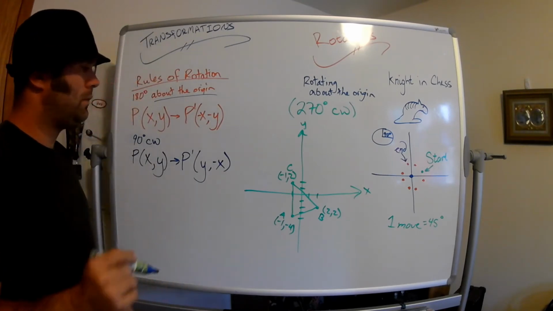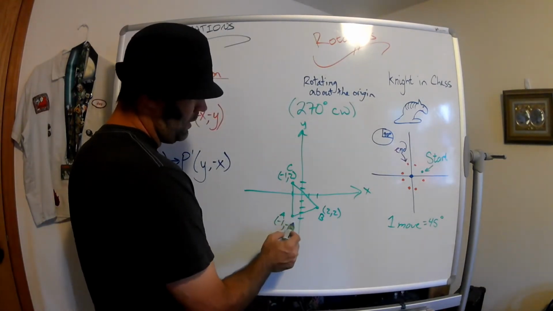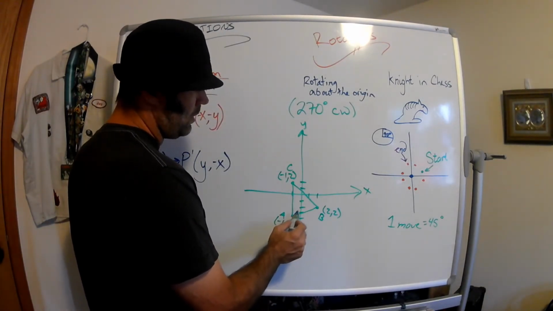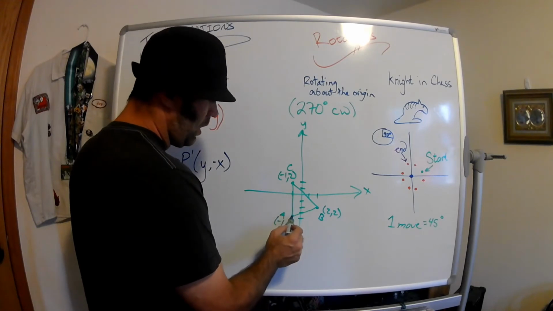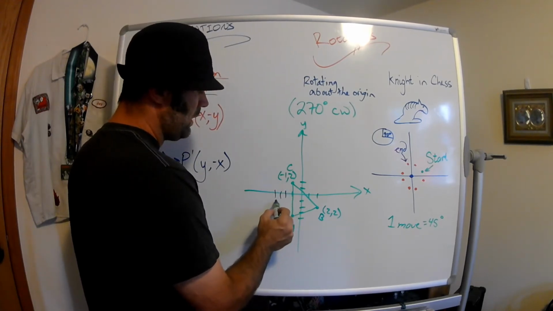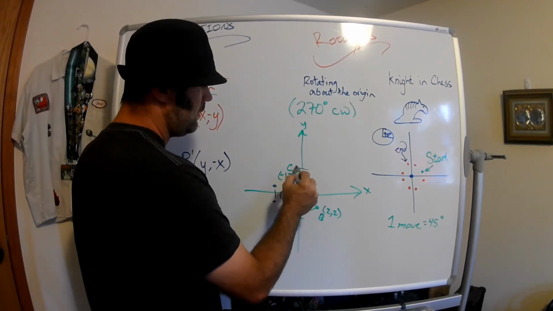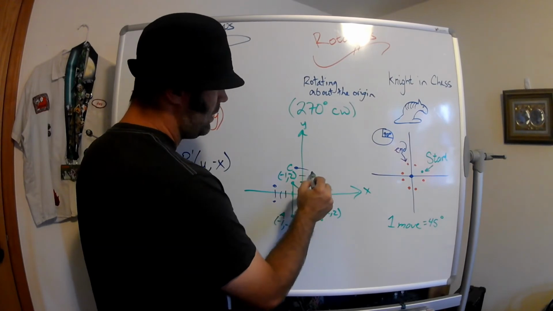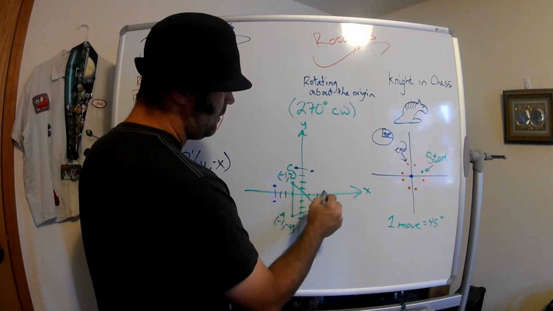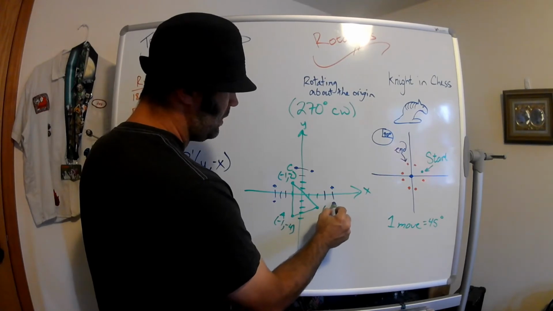All right. So let's start with A. We're over 1, down 4, and then we're going to go over 4, down 1, and then here, and here, and here, and here, and here.